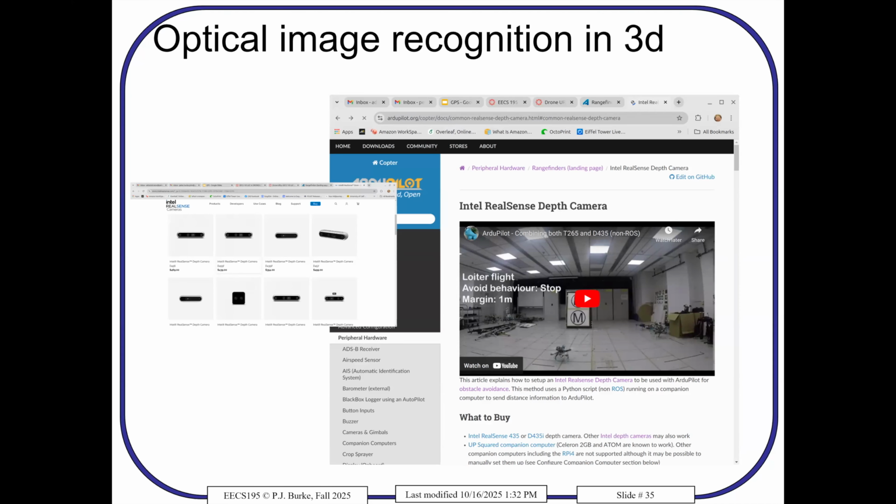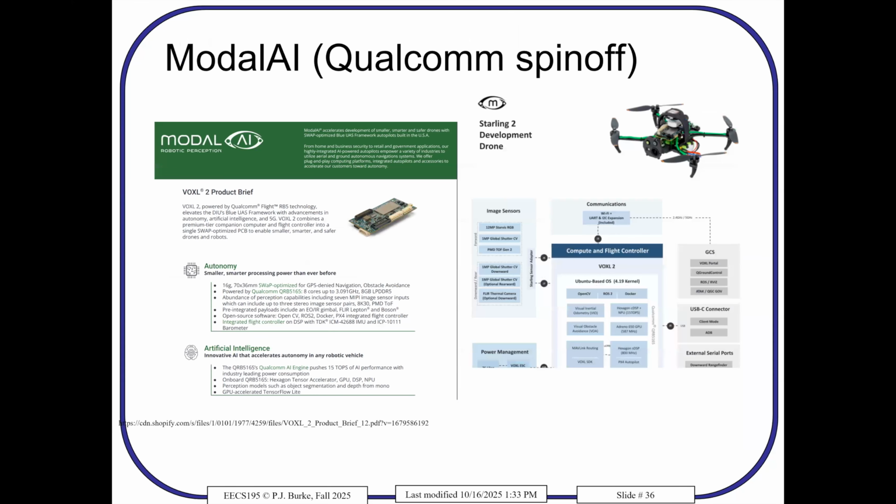So there is a company that has done that, called Modal AI, and this is a spin-off of Qualcomm. Qualcomm invented a lot of the wireless communication technologies that are used in Wi-Fi and cell phones.